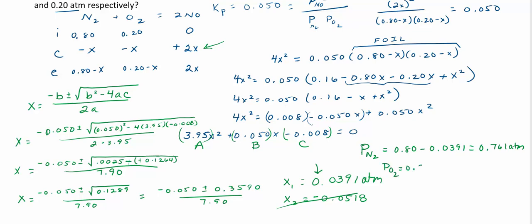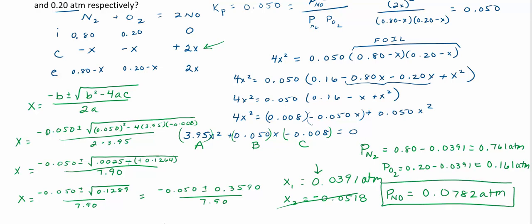So for O2, it's going to be 0.20 minus the x value, same x value, and I get a pressure of 0.161 atmospheres. So the pressure of NO at equilibrium, specifically asked for NO in the question, I ignored that, is 2 times my x value, 0.0391. And so the pressure of NO is 0.0782 atmospheres at equilibrium. So that is the value that answers the question.